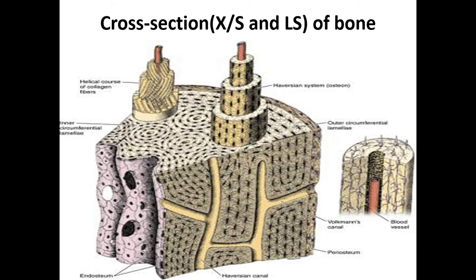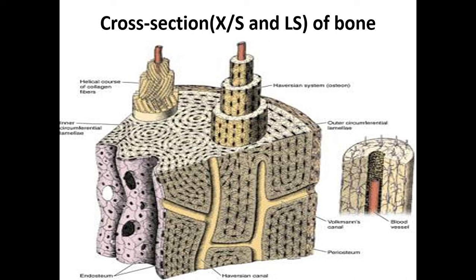In this illustration, we have both the cross-section and longitudinal section of bone tissue. For the cross-section, focus on the surface part of the bone. We have the different Haversian systems or osteons on the surface, which is also protected by a membrane on the outside, the periosteum.